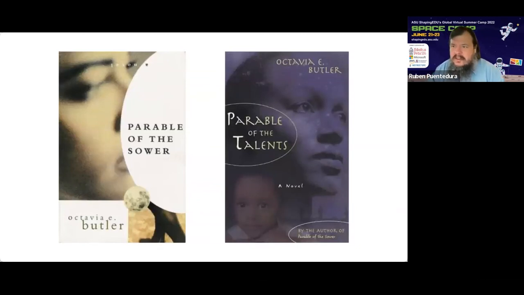To close, one last example, Octavia Butler's The Parables, the parable of the sower and the parable of the talents. Octavia Butler is interested in social justice, in dystopic worlds, in worlds where dystopia, however, is not a big nuclear war occurs and everything is bad forever. It's the type of dystopias, Stacy, you were talking about, authoritarianism.